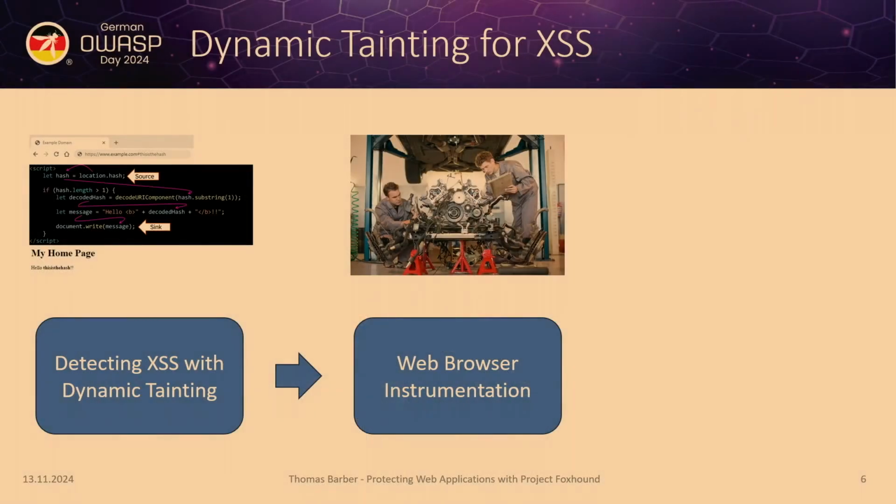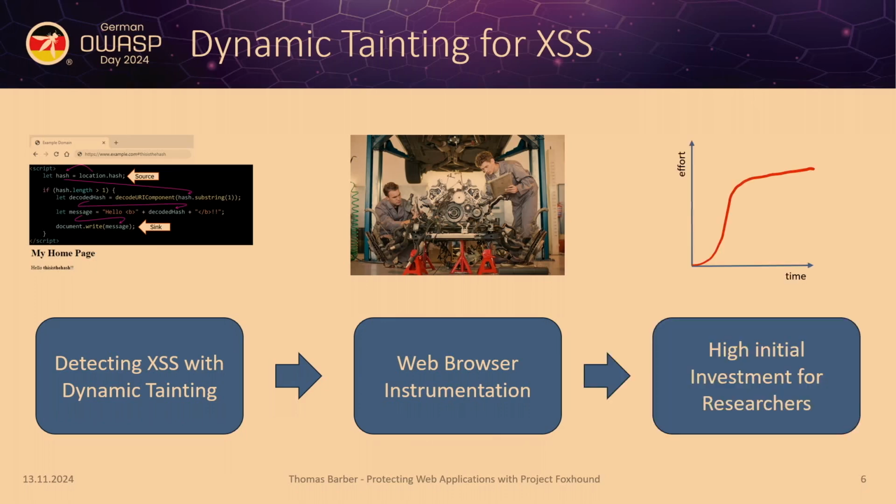So what they do is they instrument the web browser. So you really go into the web browser, you take it apart, you look into the JavaScript engine and the DOM rendering engine, and you add that functionality to do the data flow tracking inside the browser. And if you've ever tried to look inside web browser code, you'll know this is not really a straightforward task.